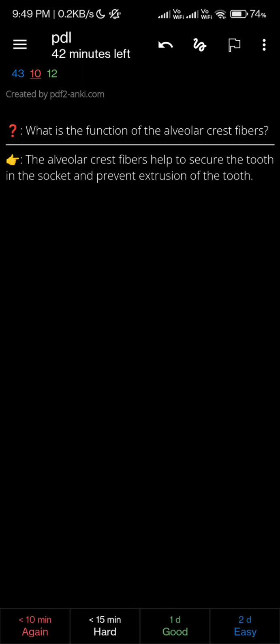What is the function of alveolar crest fibers? They help to keep the teeth in the alveolar crest, in the tooth socket, and prevent extrusion of the tooth.